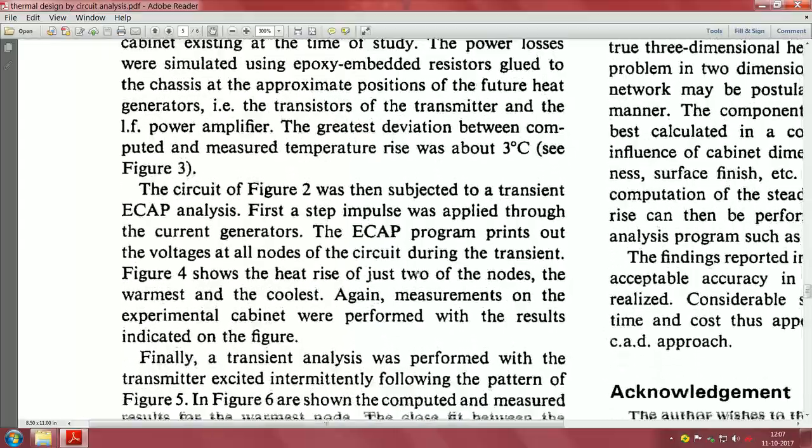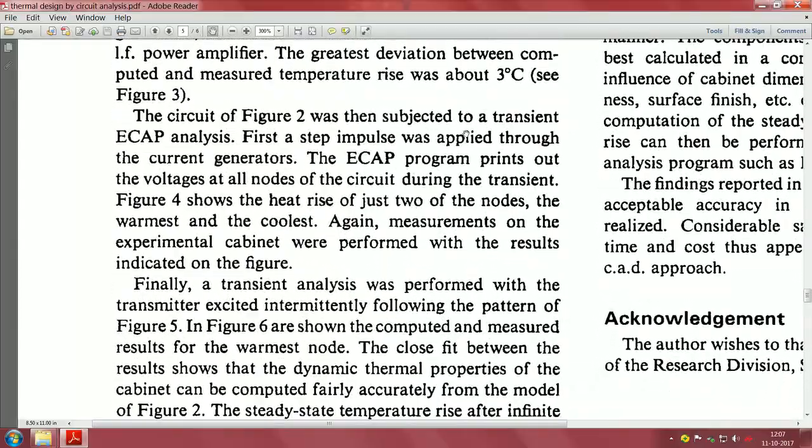Then it comes to the circuit which I had shown earlier, was put through the ECAP program and then impulse was applied through the current generators. The ECAP program prints out voltages at all nodes using transient, shows the heat rise of just 2 of the nodes, warmest and the coolest.